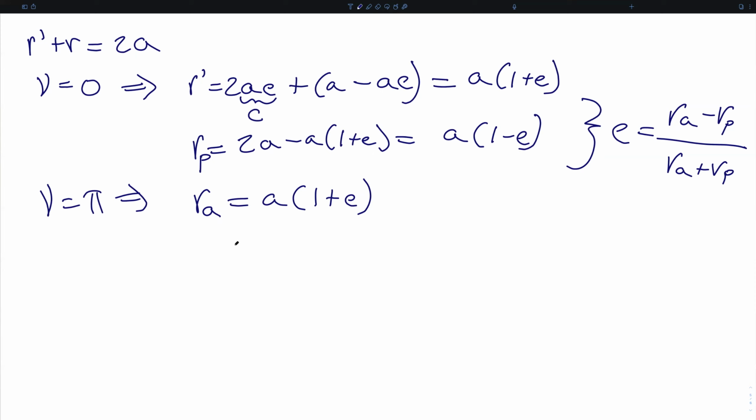Closest approach to Jupiter will be perijove, while furthest separation from Jupiter of a spacecraft orbiting Jupiter will be apogee. For an arbitrary star, we often say periastron and apastron. But periapsis and apoapsis are very general terms that you will often come across.